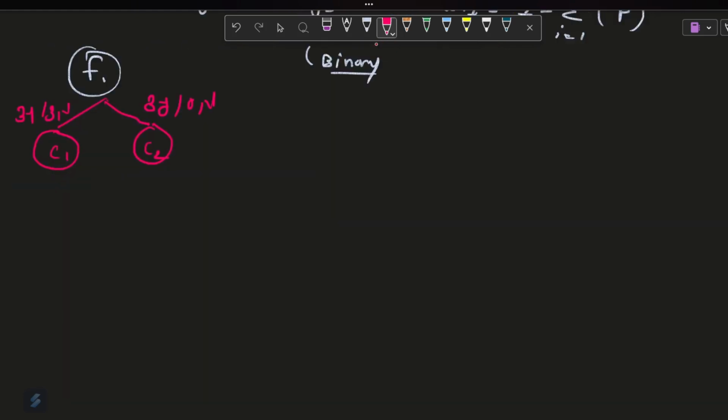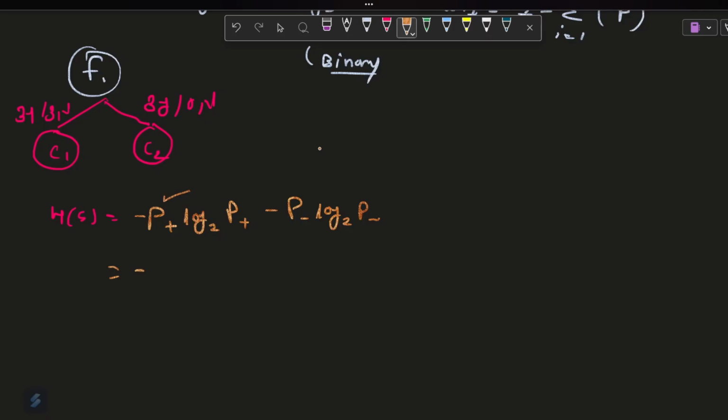First of all, we have the formula, and we input the data. H(S) is nothing but minus p positive log base 2 of p positive minus p negative log base 2 of p negative. In that particular case you will see the minus. What is the probability of p positive for class 1?